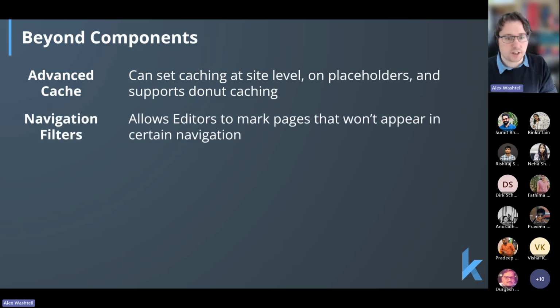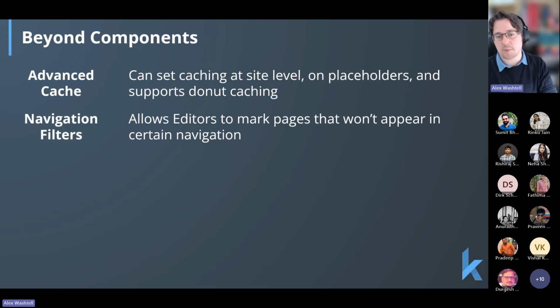There are navigation filters. This allows editors to mark pages that won't appear in certain navigation. For instance, let's say you've got that breadcrumb navigation that I mentioned before. Sometimes editors will say, we don't want this particular folder or page to appear in the breadcrumb because we want to split up the content. We want that to appear in the URL, like articles slash something, but if you go to articles, it's not a page. So you could go to that item and use a navigation filter.